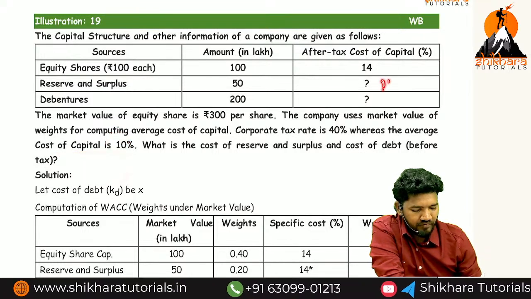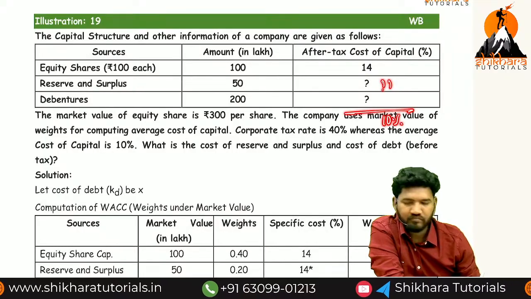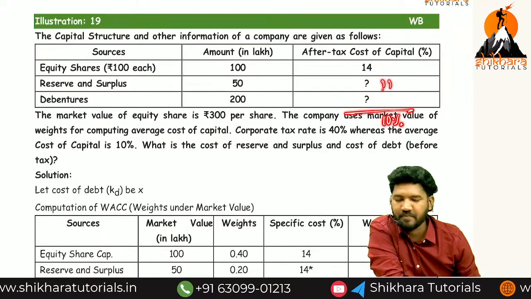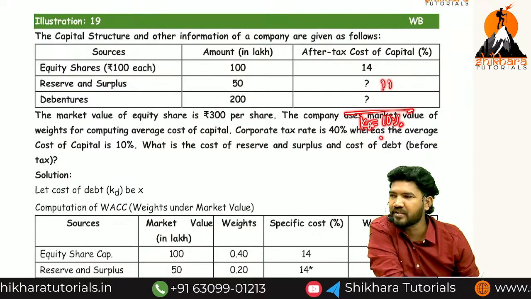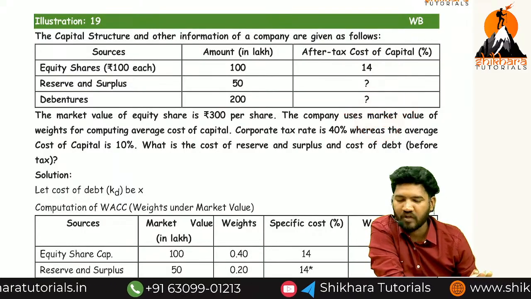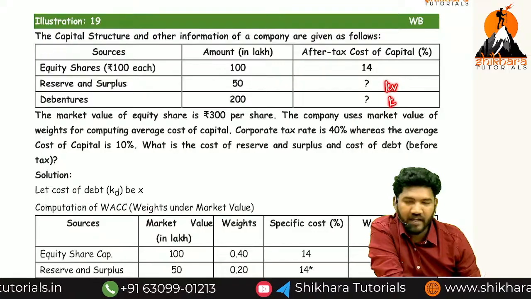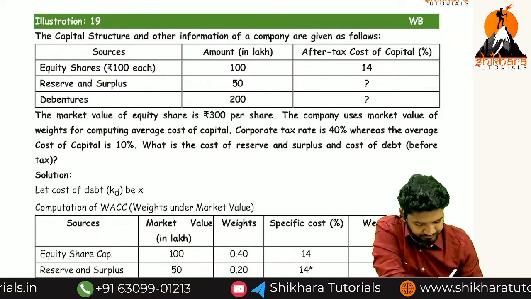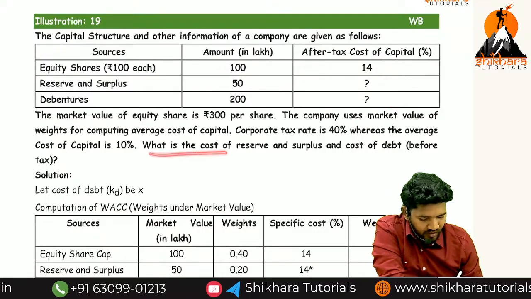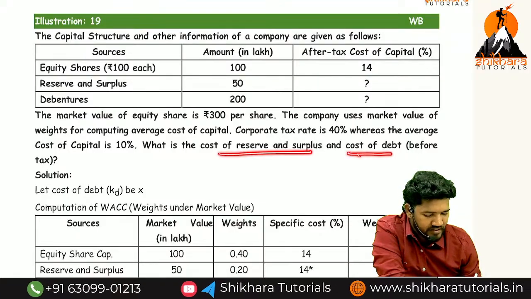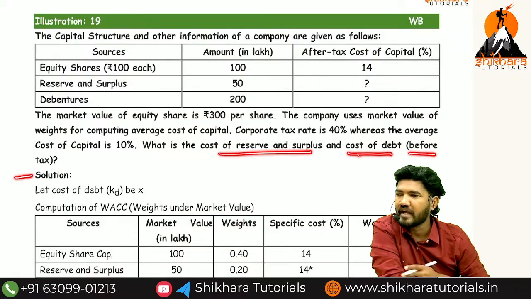To find these missing figures, I want the total. In previous problems we calculated this KO, but in this question they provided KO directly. So what are we figuring out? KR as well as KD. What is the cost of reserves and surpluses and the cost of debt before tax?